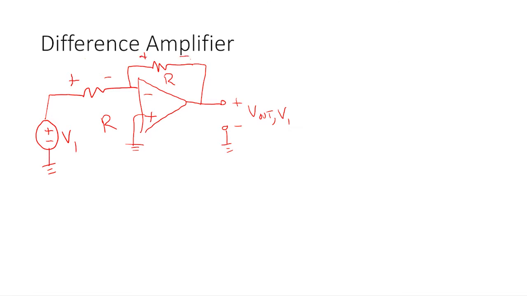But I saw at least one person, Eli, put the KCL in the wrong way into Discord. So let's make sure we're following that, right? What I'm saying is I've got a current going this way, and I've got a current going this way. Again, that's the way I write my KCLs for this node, right? So at the V minus node, what's my KCL here?